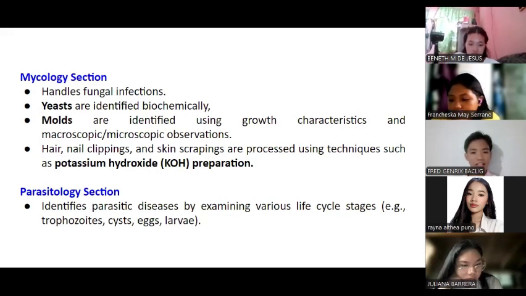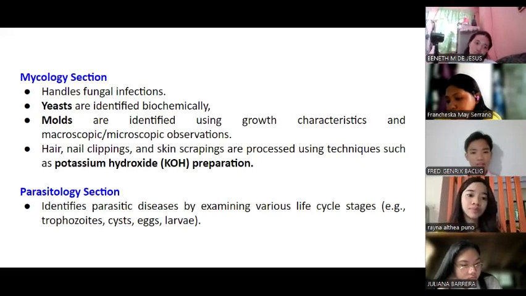The technique used in this section is that parasitologists examine samples that contain the parasite at various life stages such as eggs, larvae, cysts, and adult forms. Techniques like direct microscopy and stool examination are commonly used.